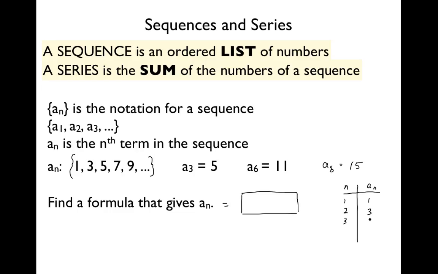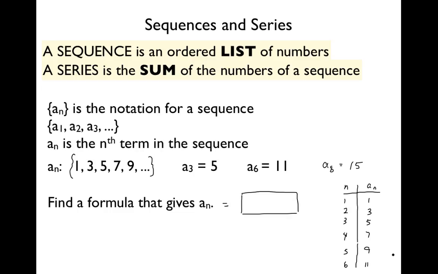The third term of the sequence is 5, etc. Maybe these ones for larger n make it easier to see the pattern. So what expression of n would give you a sub n? If you plugged in n, it would tell you what the a sub n term is. Many of you have it already.